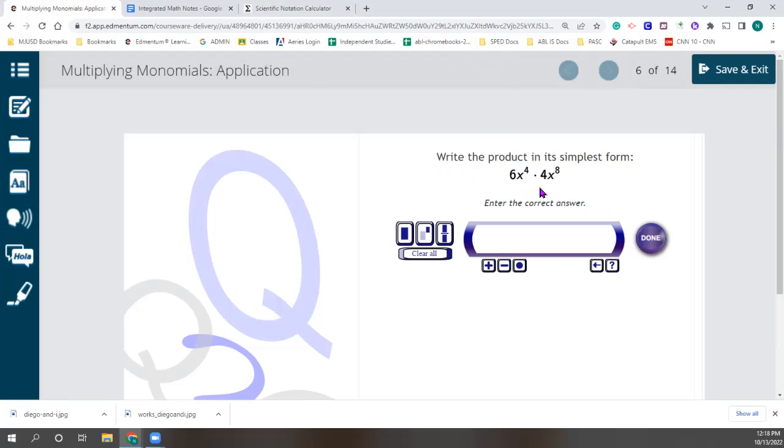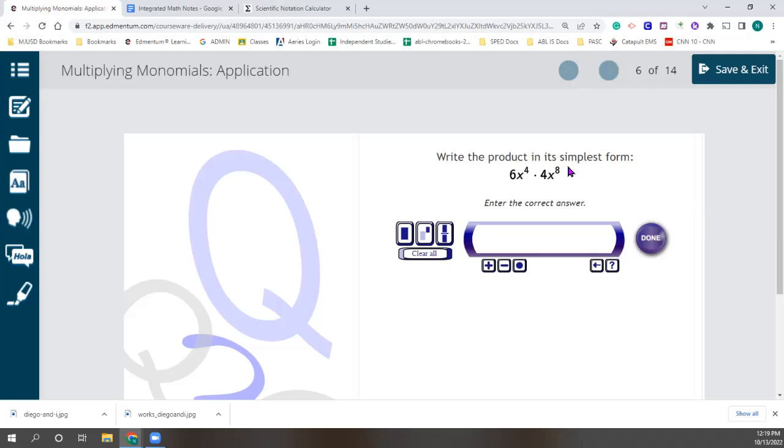6x to the 4th multiplied by 4x to the 8th. I'm going to combine, multiply the coefficients. 6 multiplied by 4 equals 24.